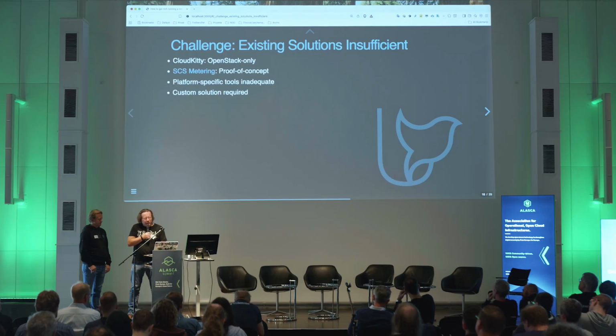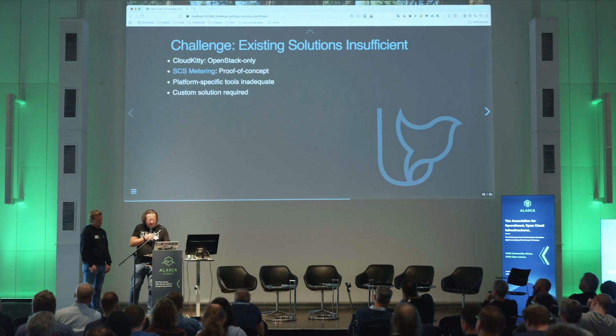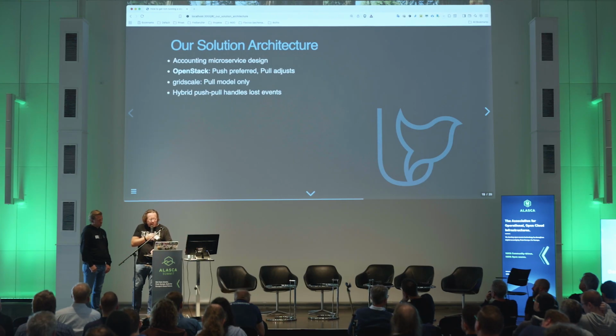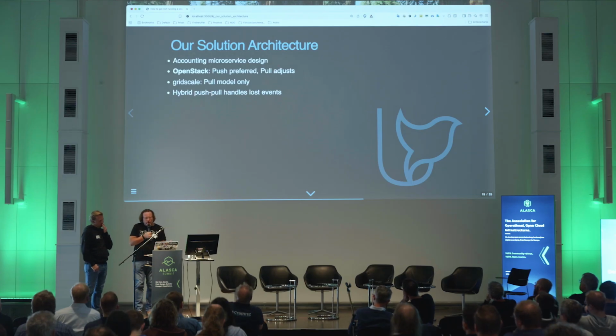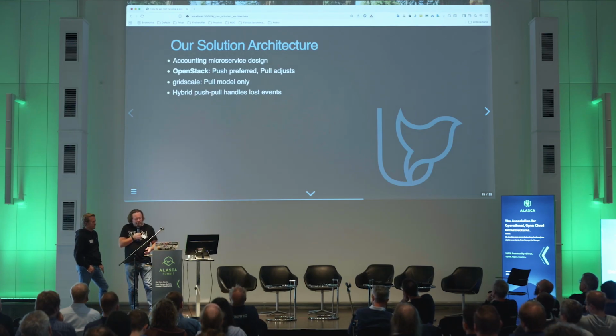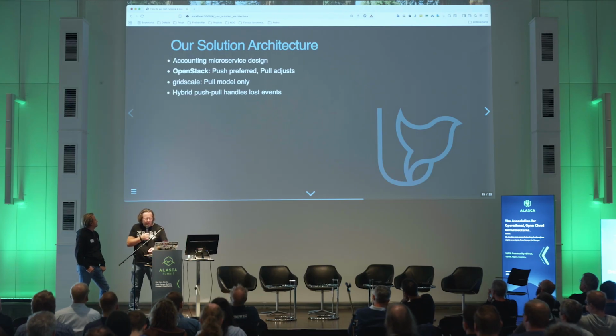However, in the end we came up with the decision that we need a custom solution which can handle different cloud providers. So how will we do that? Here again, when we had this decision that we need a custom solution, we thought about different architectural approaches.